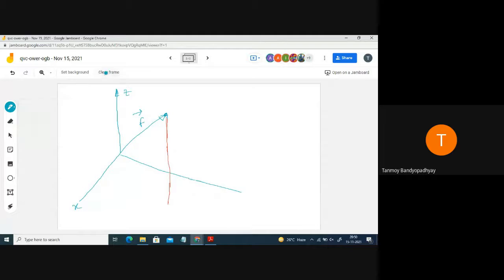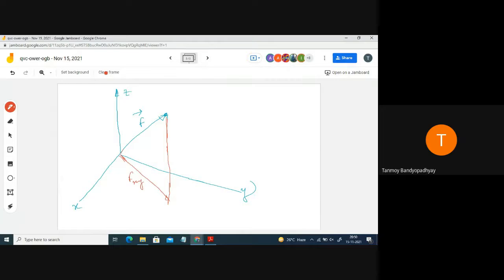So let us find out what are the components of this force. This one is fxy, the component of the force lying on the xy plane. So how to determine this fxy? The inclination of the force vector with the xy plane, let us call that phi.